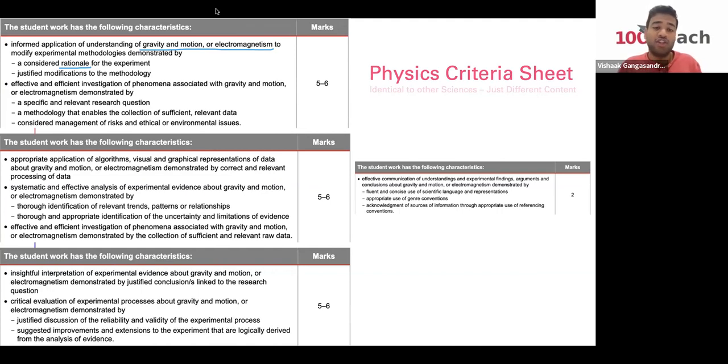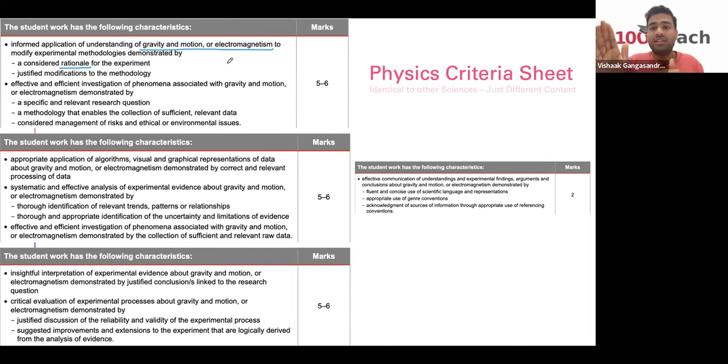Now, a question coming in the chat to me, direct message, is do you have to mention the original experiment in the rationale? You don't have to mention the original experiment in the rationale, but you do have to mention it somewhere in your assignment. I personally wrote it straight after my rationale in the section talking about methodology and modifications, but you don't have to go too much into depth. You just have to say the original experiment tested this variable against this variable.